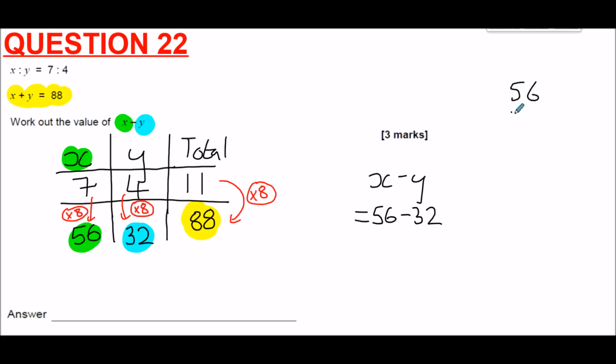And 56 take away 32 we can do as column subtraction. 6 take away 2 is 4, 5 take away 3 is 2. And so x take away y must be 24. So that's our answer for 22.